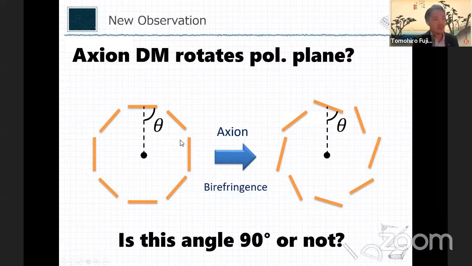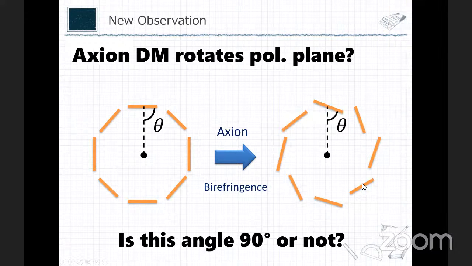However, during the propagation from the PPD to us, the distance is more than 100 parsecs, so it's a very long distance. So we expect axion affects photons and rotates their polarization plane. All the photons get their polarization planes rotated by the same degree. For the same degree, yes.